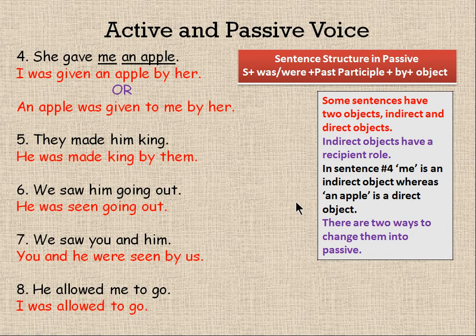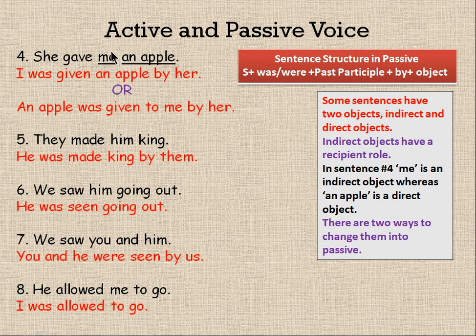Look at the next example here. She gave me an apple. Actually, there are two objects. One is me and another one is an apple. This one is called indirect object and this one is direct object. How do we know that this is indirect or this is direct?